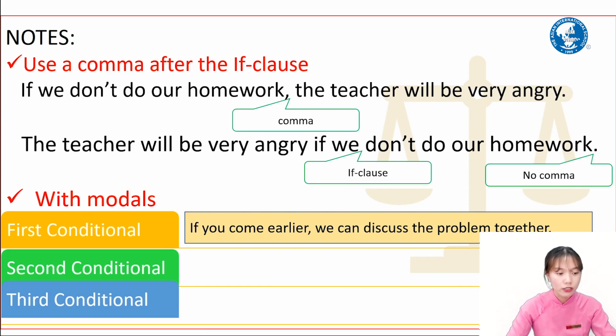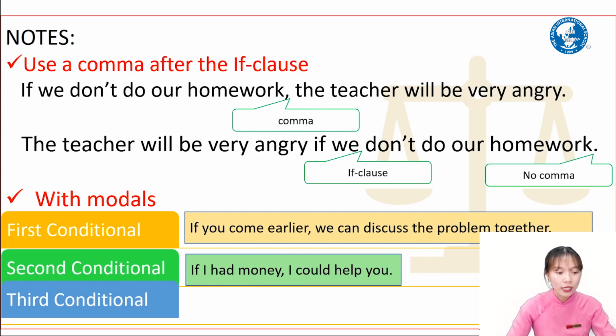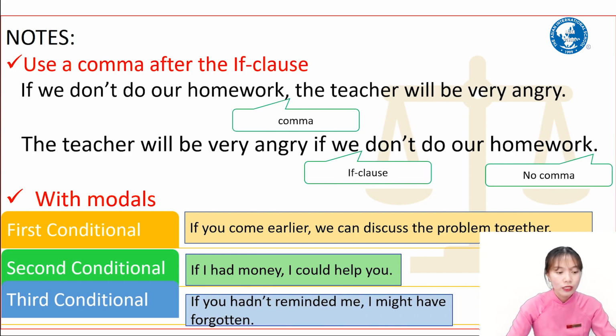In the second conditional, we can use would, could, or might. For example, if I had money, I could help you. For the third conditional, we can use would have, could have, or might have. For example, we can say, if you hadn't reminded me, I might have forgotten.